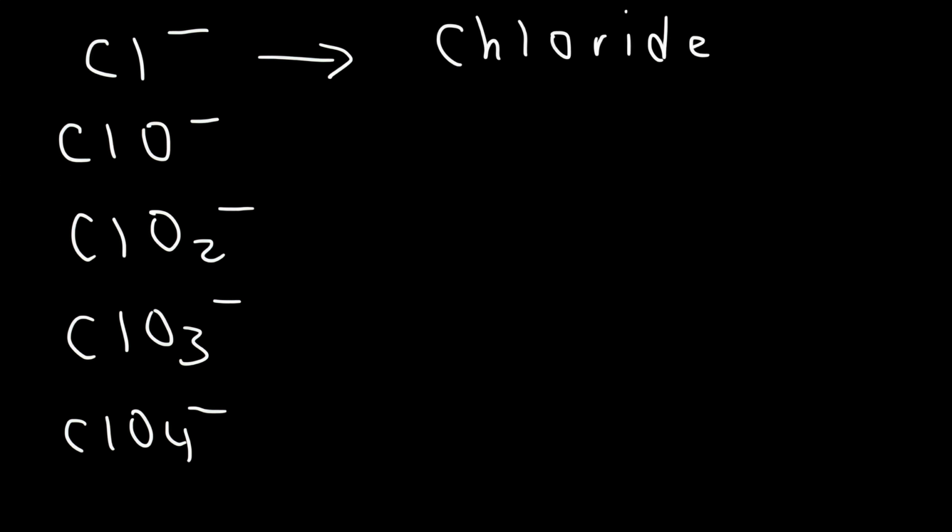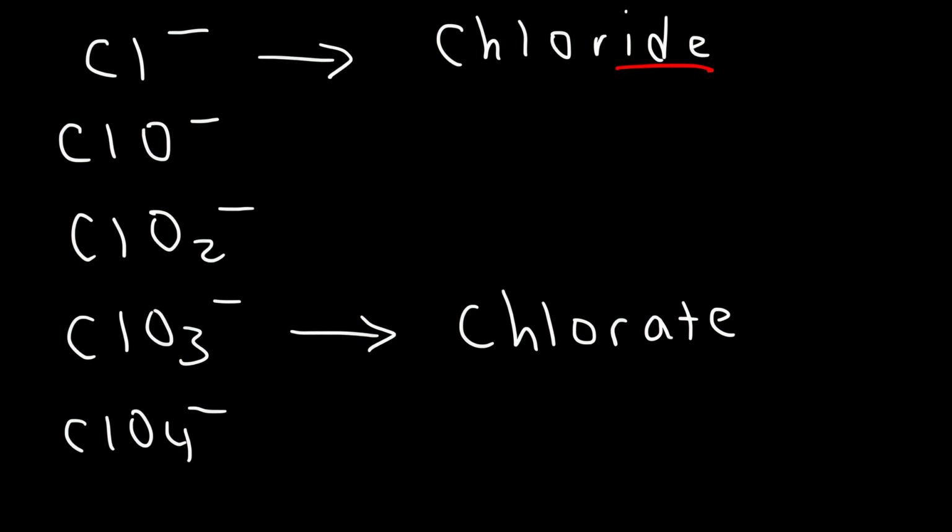Now what about the other 4? They're polyatomic ions. They have many atoms. I'll give you ClO3. ClO3 minus is known as chlorate. So, from this one, can you determine the rest? Well, you know ite has one less oxygen than ate, so ClO2 minus must be chlorite.